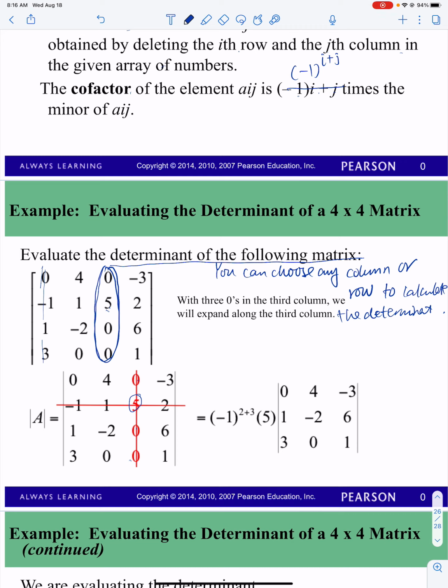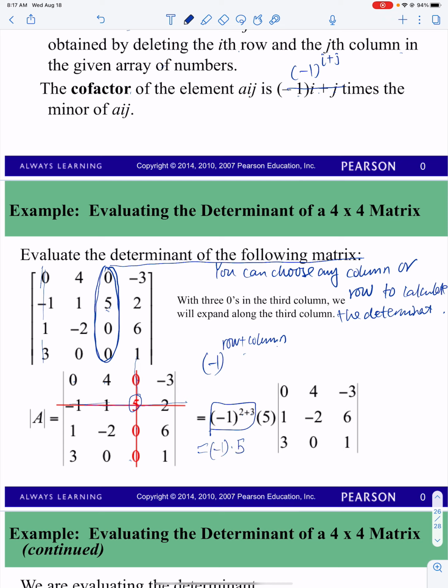But what will be the cofactor? Do you remember? It's negative 1 to the row plus column, the i plus j. What is the row here? 2. What is the column? 1, 2, 3. So it's 2 plus 3. So you have negative 1 to the 5, which is negative 1, times 5.